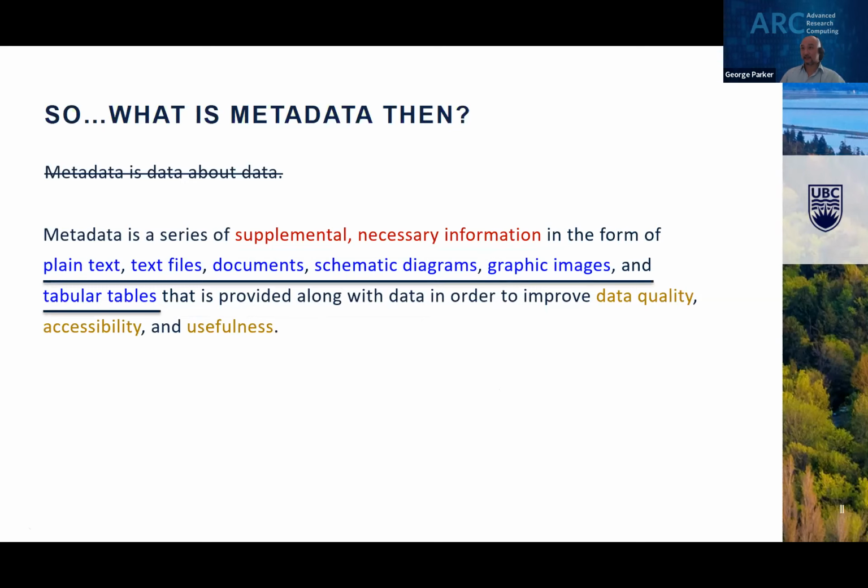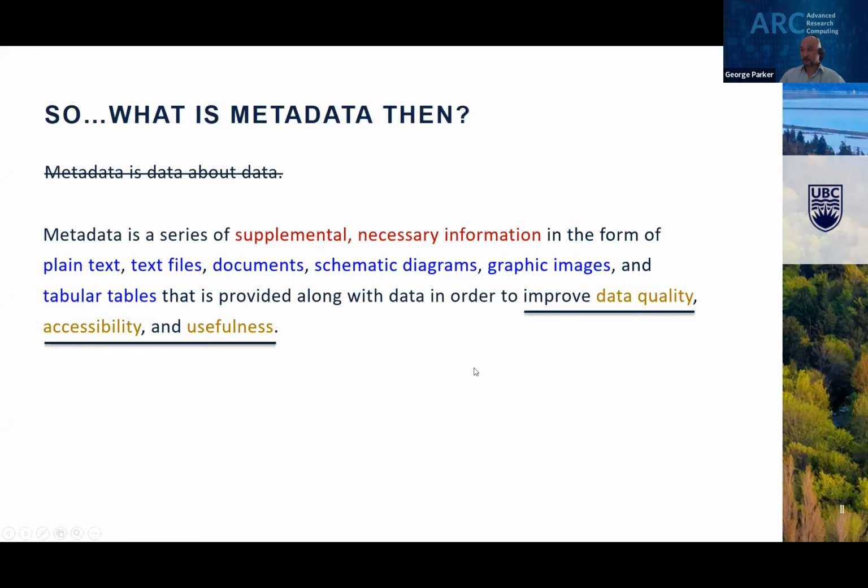It can be a text, it can be a file, text file, CSV, JSON, it can be a document, it can be schematic diagrams, especially for the data models. If you have a SQL database, it can be graphic images, it can be tables. And finally, what it does, it's going to help improve data quality, accessibility, and usefulness. I'm going to expand this in a minute.